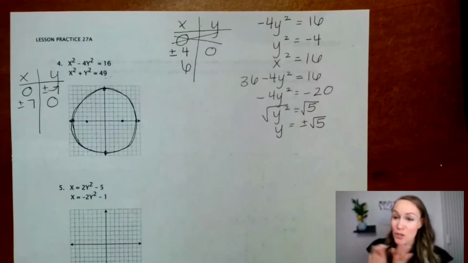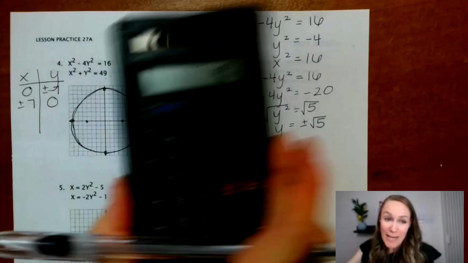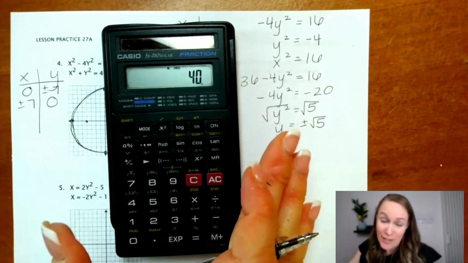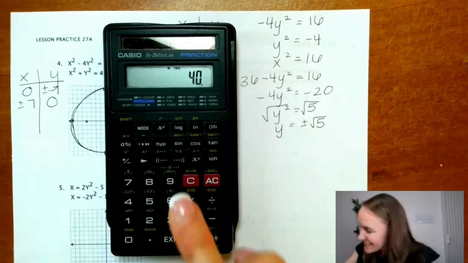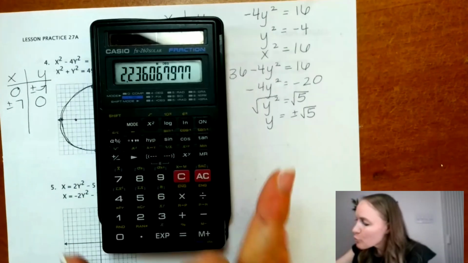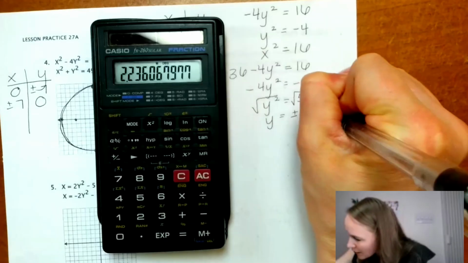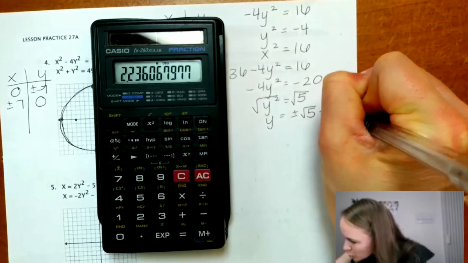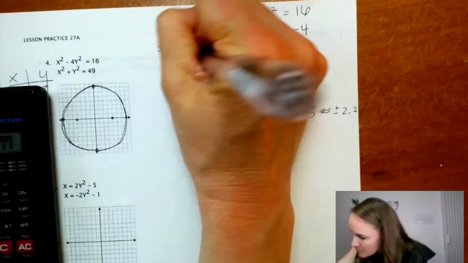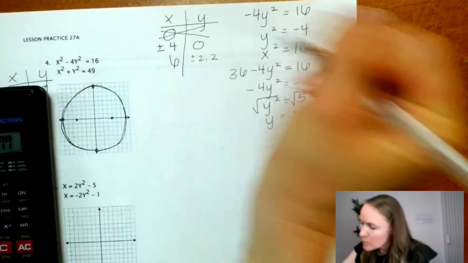Okay, this is looking good, but I need to estimate what root 5 is so I can graph it appropriately. The square root of 5 is about 2.2. So about plus minus 2.2.